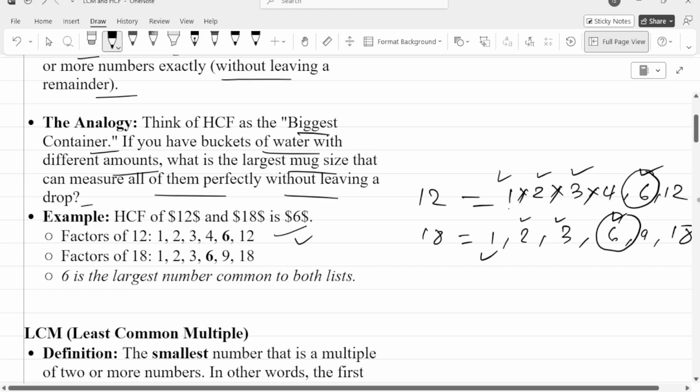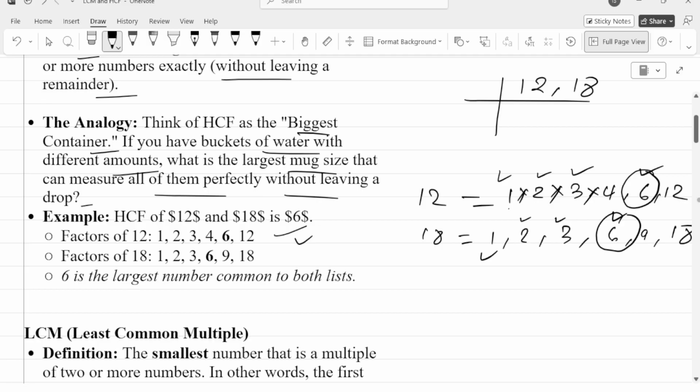So what is the highest common factor? It is 6. We can easily find it with the factorization method. That is so easy, the easiest method for easy calculation.